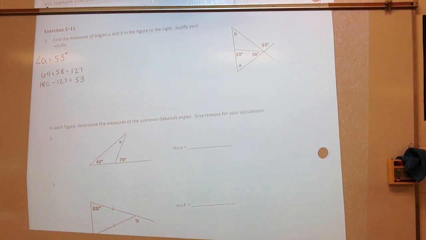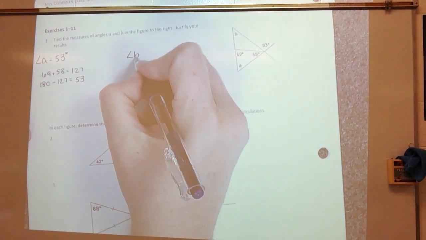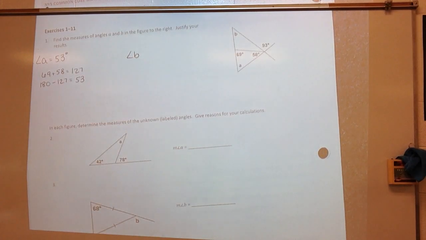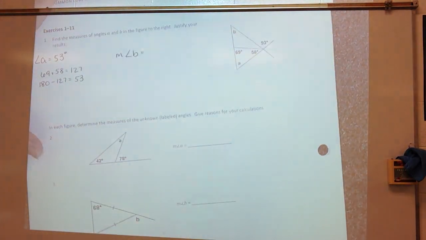All right? So then let's look at B. Since I now know A, let's look at B. So to find the measure of angle B, let me put the measure of angle A there. All right, to find the measure of angle B, let's think about what we know.